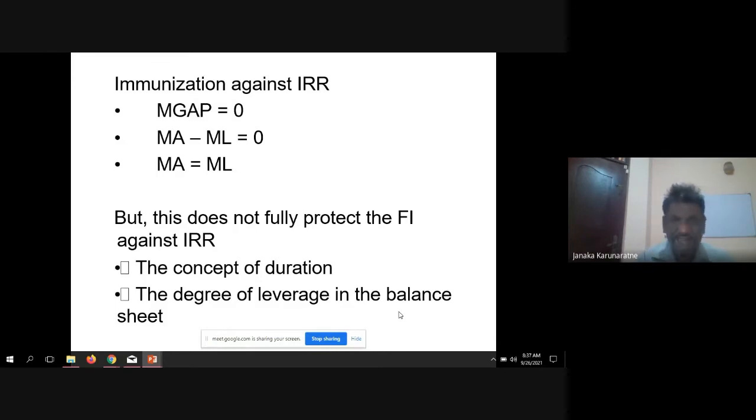So the formula is net interest income equals repricing gap times the change in interest rate. Depending on the gap, whether it's positive or negative, and also depending on the movement of interest rate, we know what the impact would be.